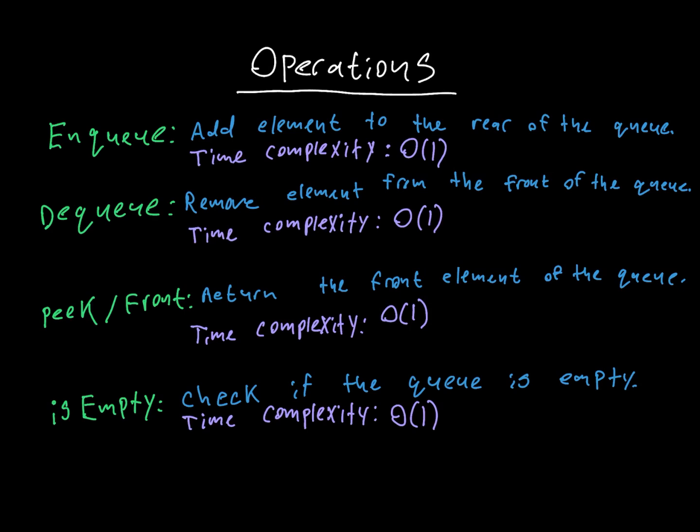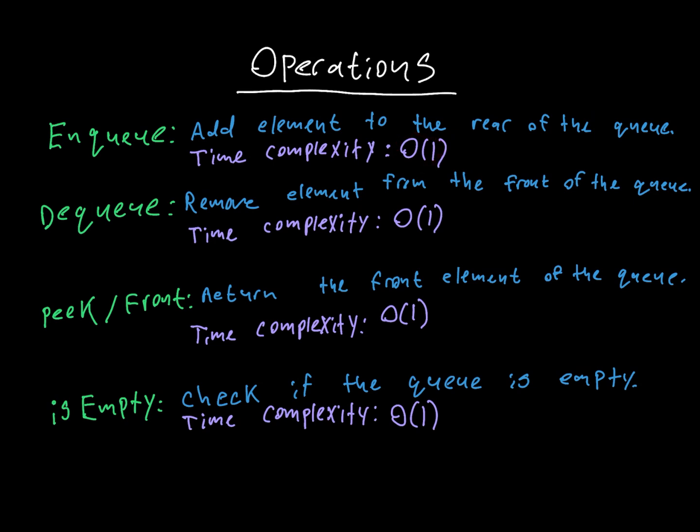The operations for a queue consist of enqueue, dequeue, peek, also known as front, and isEmpty. For enqueue, you're adding an element to the rear of the queue, and you have a constant time complexity.